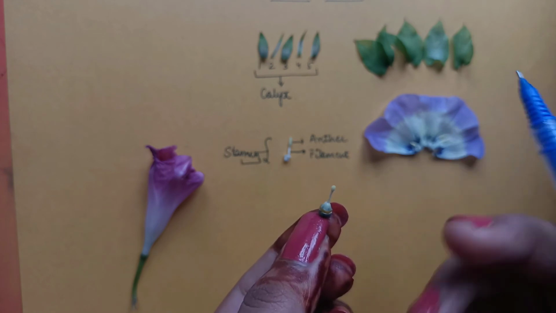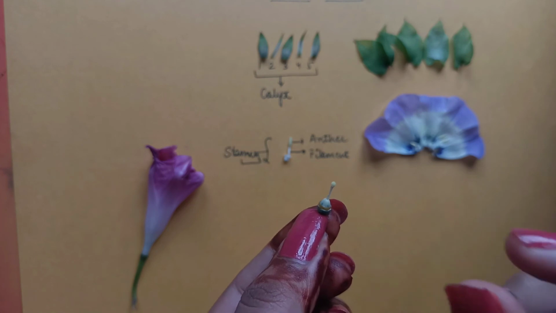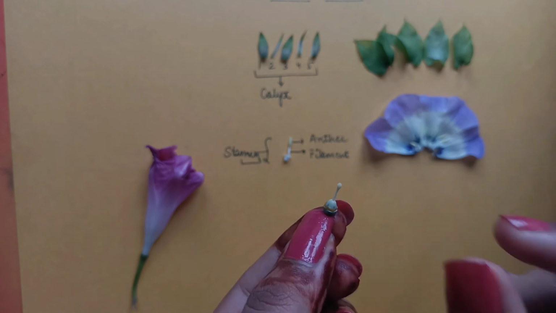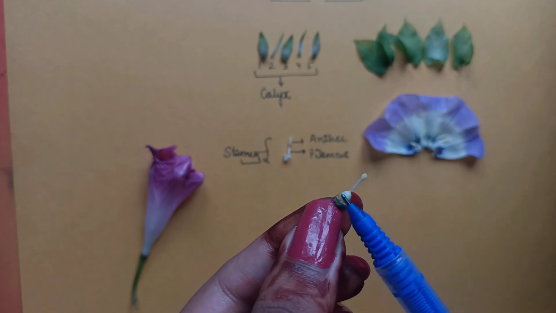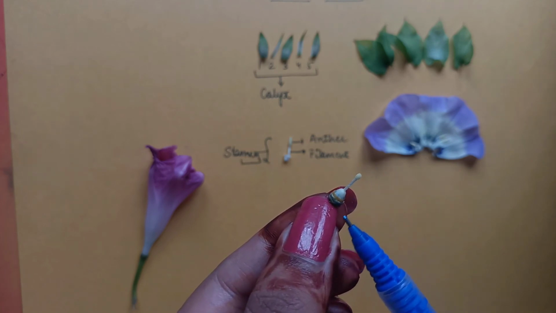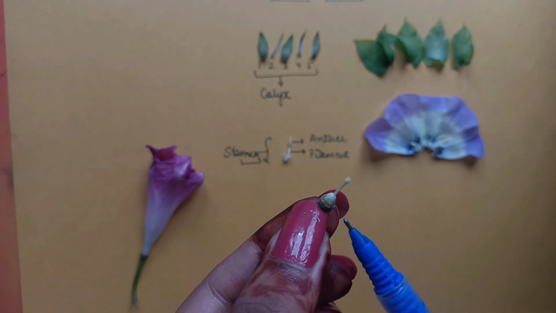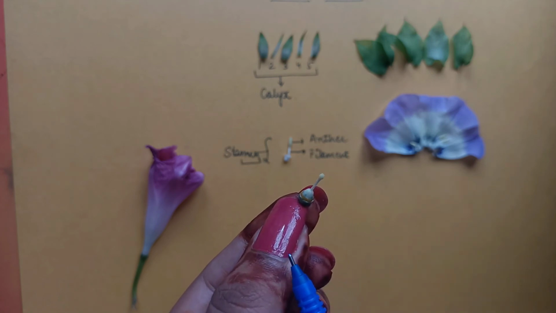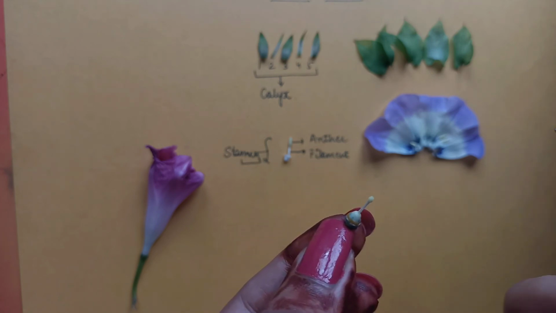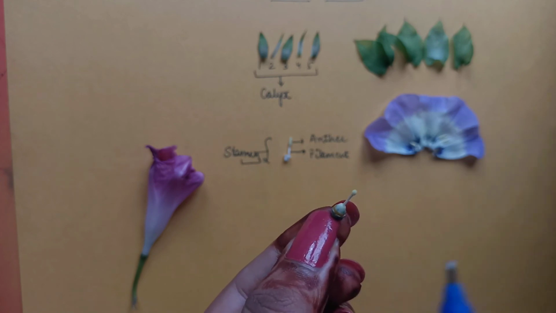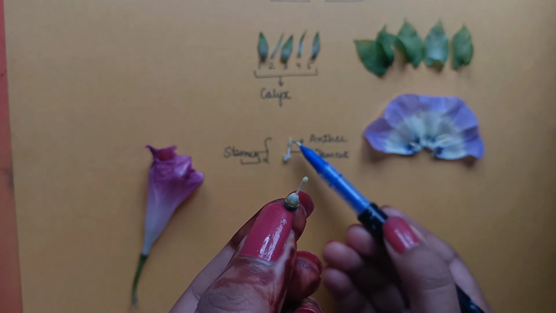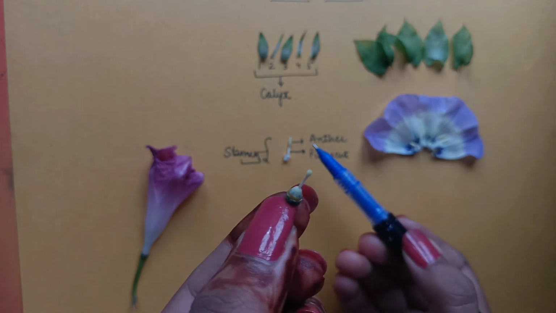This is the middle part of your carpel, or pistil, the female part. This swollen part is your ovary, which will have ovules, and the ovule contains your egg, or the female gamete. Like your anthers have the pollen grains, which are the male gamete.